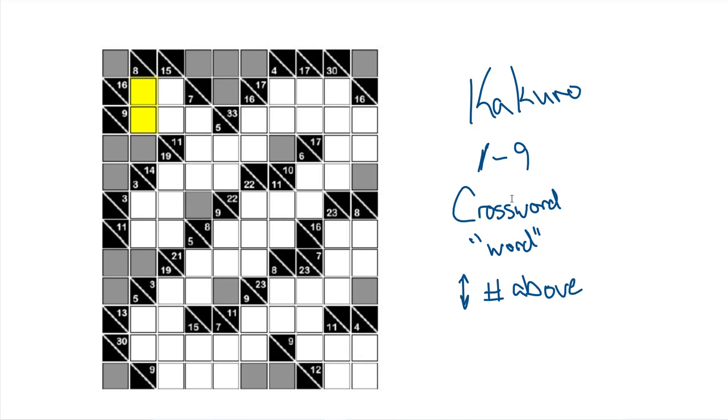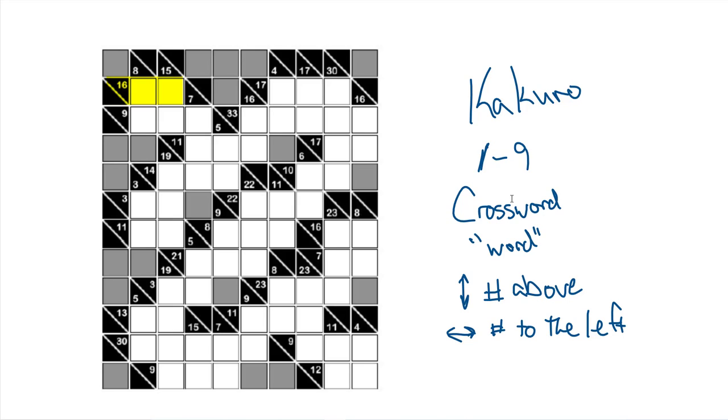And then when you're looking at the across, you're looking at the number to the left. So when I'm talking about 16, it's because this number right here is a 16. So these two boxes need to add up to 16.